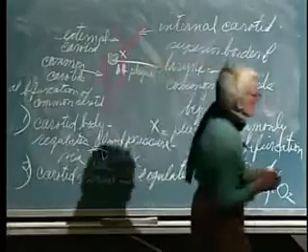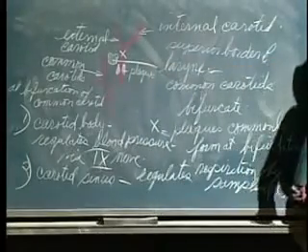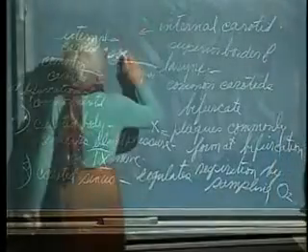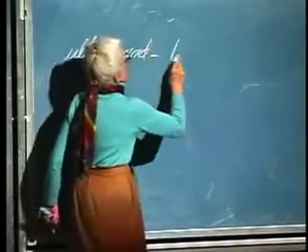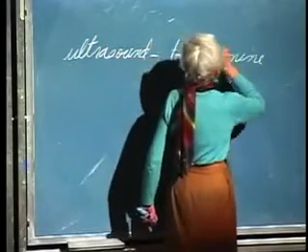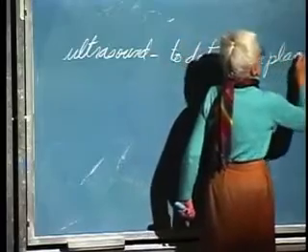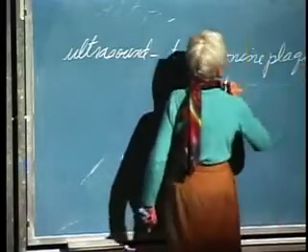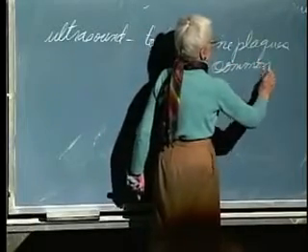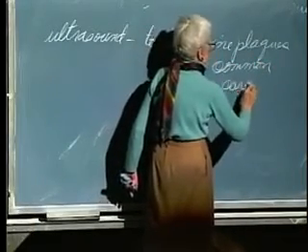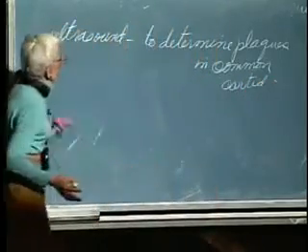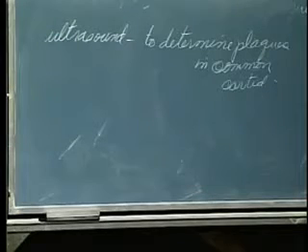With ultrasound, you can determine plaques in the common carotid. And they are quite common, these plaques in this area. So older people get ultrasounds to see if they have plaques.